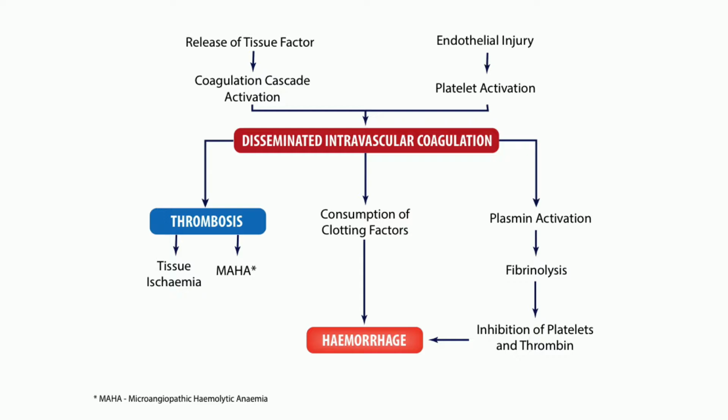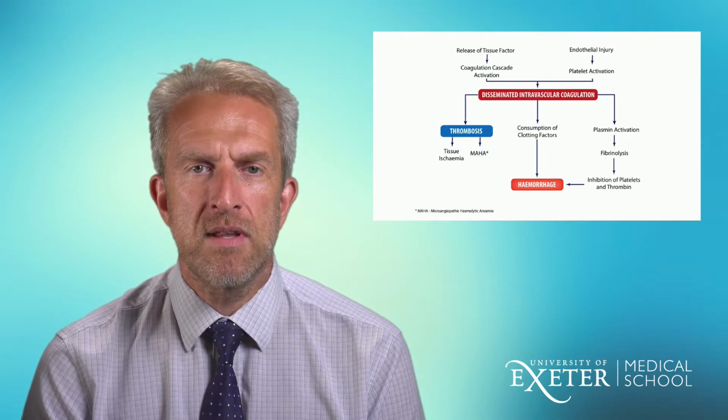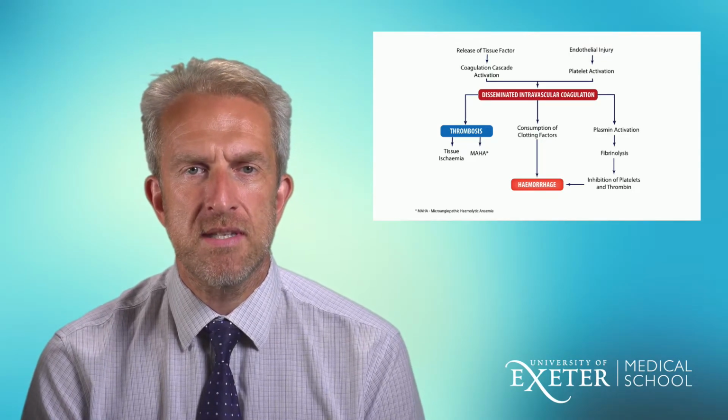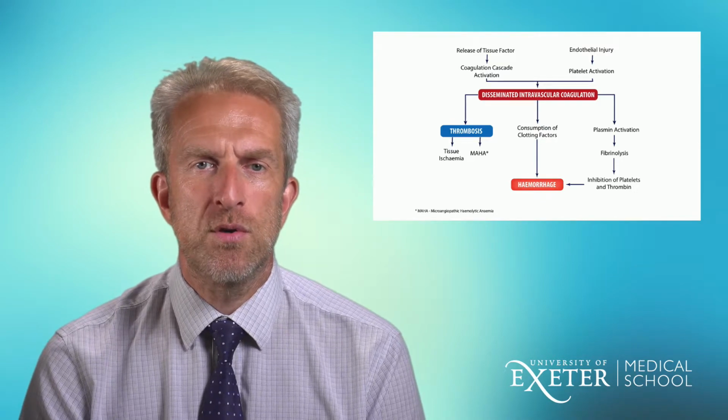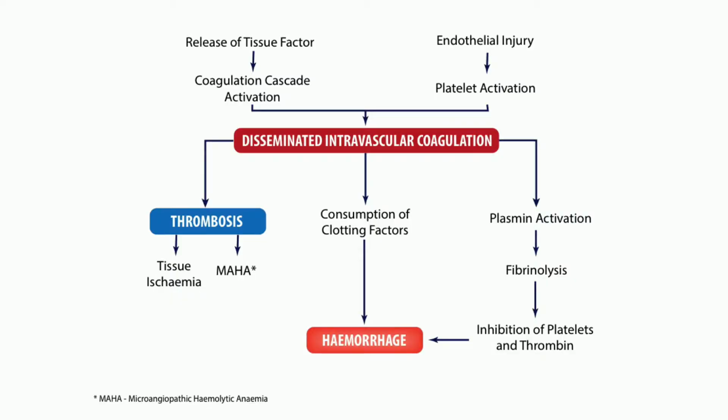On the one hand, you've got thrombosis, which will occlude blood vessels, even in the microvasculature, so you start to get tissue ischemia and damage, and you can get what's called a microangiopathic hemolytic anemia as well.